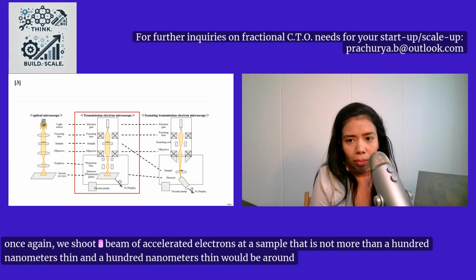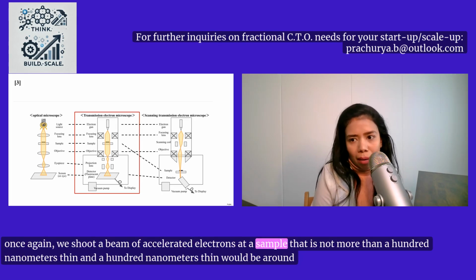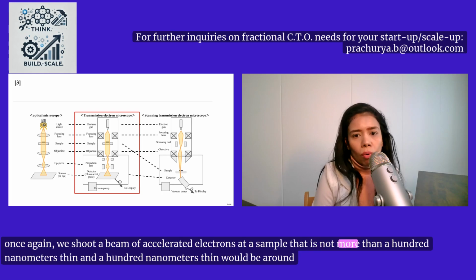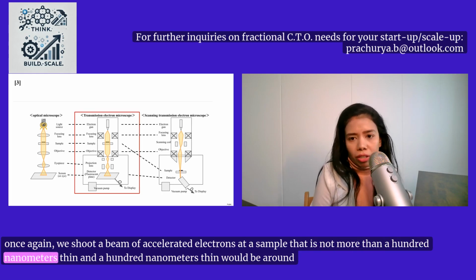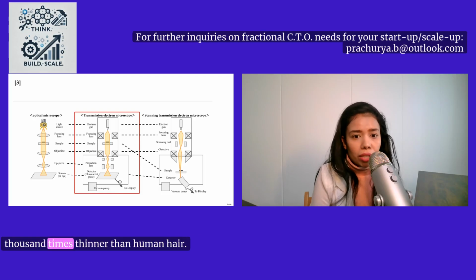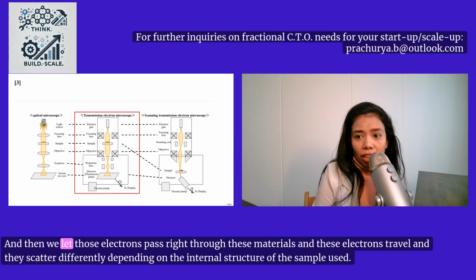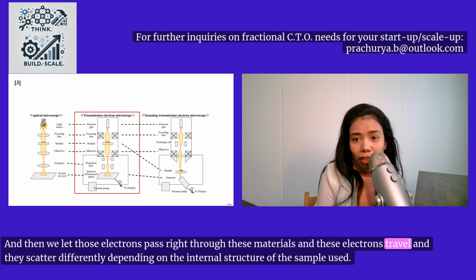Once again, we shoot a beam of accelerated electrons at a sample that is not more than 100 nanometers thin, which is around 1,000 times thinner than a human hair. Then we let those electrons pass right through the material, and they travel and scatter differently depending on the internal structure of the sample.